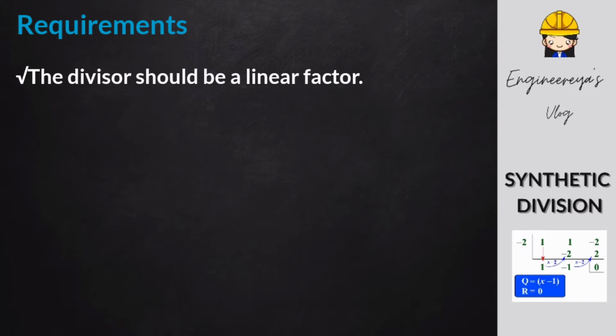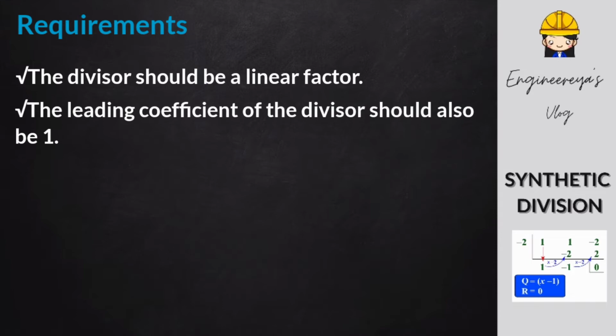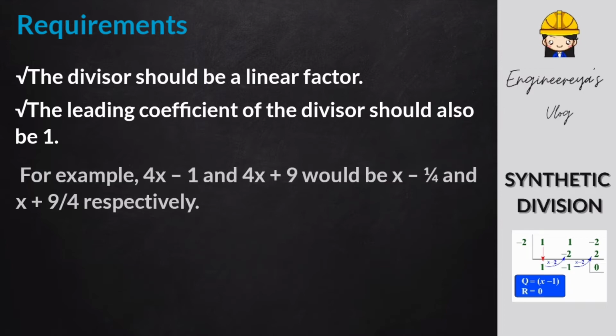This means that the divisor should be an expression of degree 1. The leading coefficient of the divisor should also be 1. If the divisor coefficient is other than 1, the synthetic division process will get messed up. Therefore, you will be forced to manipulate the divisor to convert the leading coefficient to 1. For example, 4x minus 1 and 4x plus 9 would be x minus 1/4 and x plus 9/4 respectively.